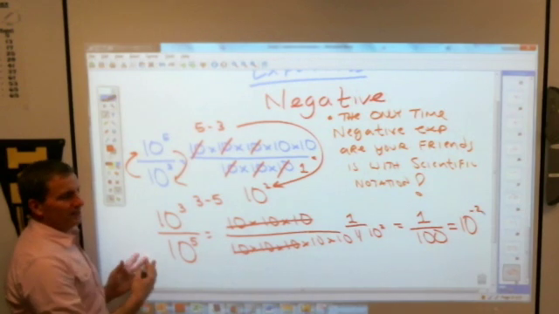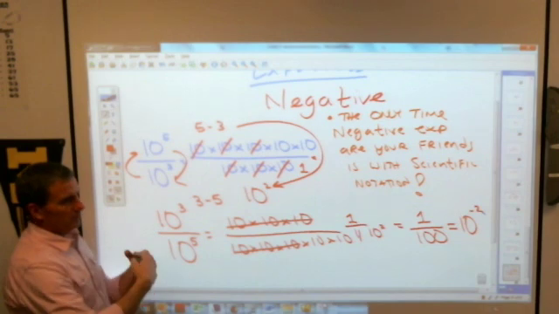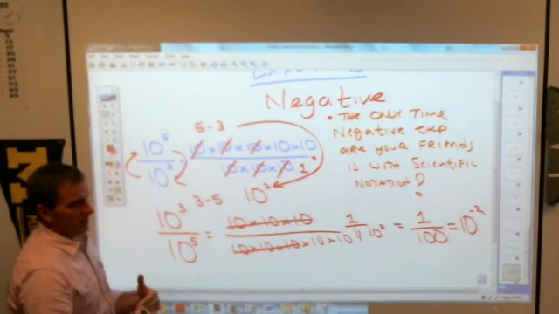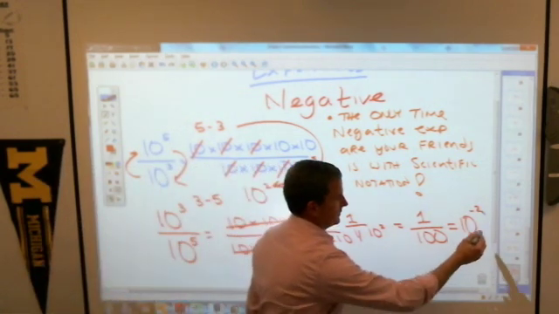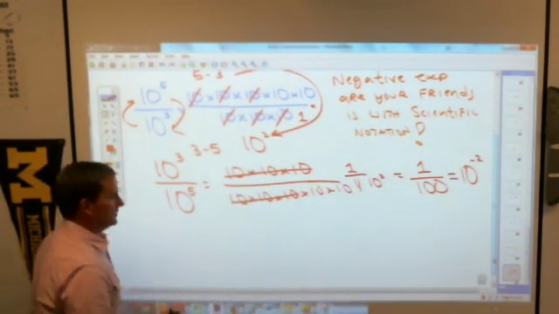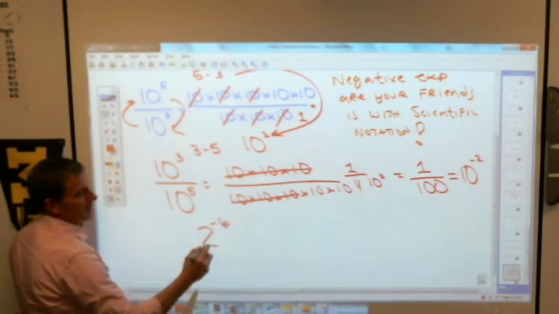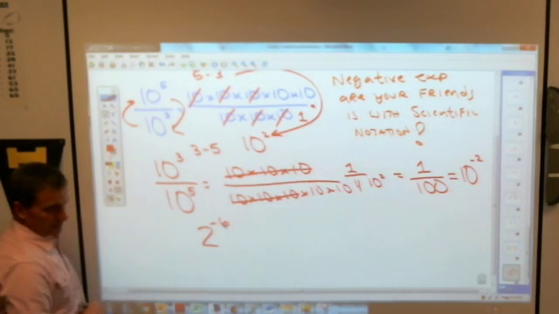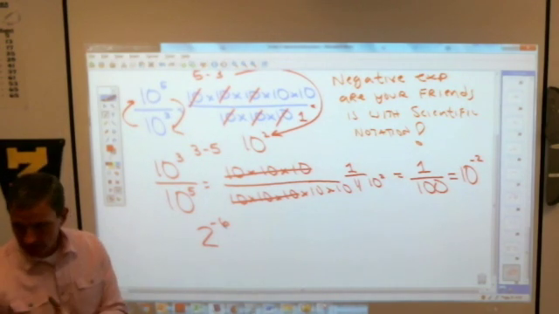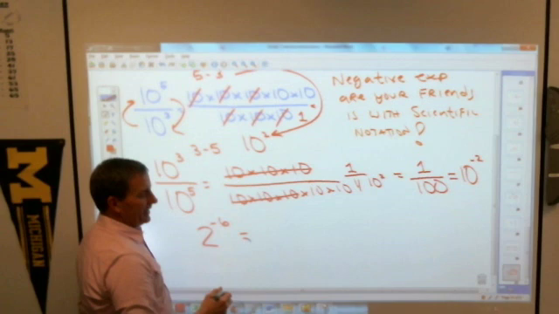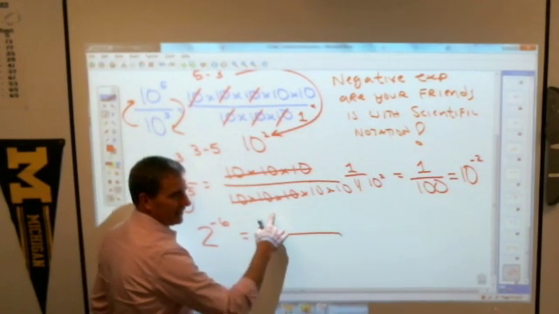All right. What negative exponents tell you is that you have a fraction, and whatever that exponent is, that's what the positive exponent is, the thing on the bottom. Let me give you the deductive leap on that again. Here it is. If I have 2 to the negative 6th power, that was as if I had a whole bunch more 2's on the bottom than I had on top.